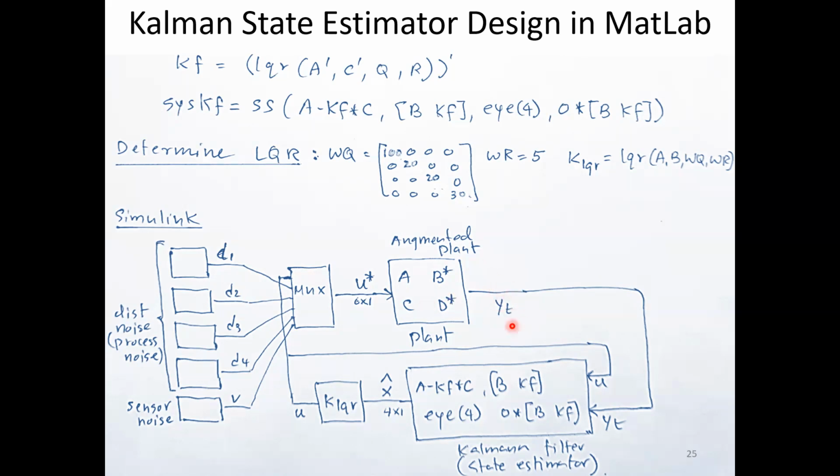So you have this true signal, YT, the true output, just one output, the first state variable. It goes over here to the Kalman filter estimator. And also the control signal that is given out by the LQR controller is also fed back to the Kalman filter. And the filter produces the state estimate.